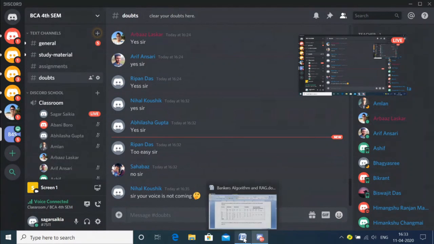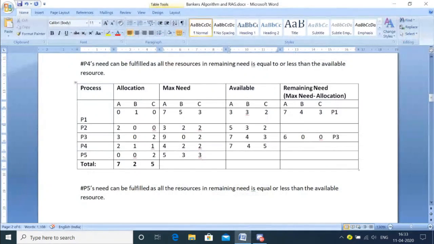Again, I'm saying we just have to do a comparison. I need to check now because the choice is between P1 and P3. So I'm checking for P1. I need 7 instances of A. In stock, how much do I have? 7 instances of A. No problem. I can go. I need 4 instances of B. In stock, how much do I have? 4 instances of B only. Very nice.